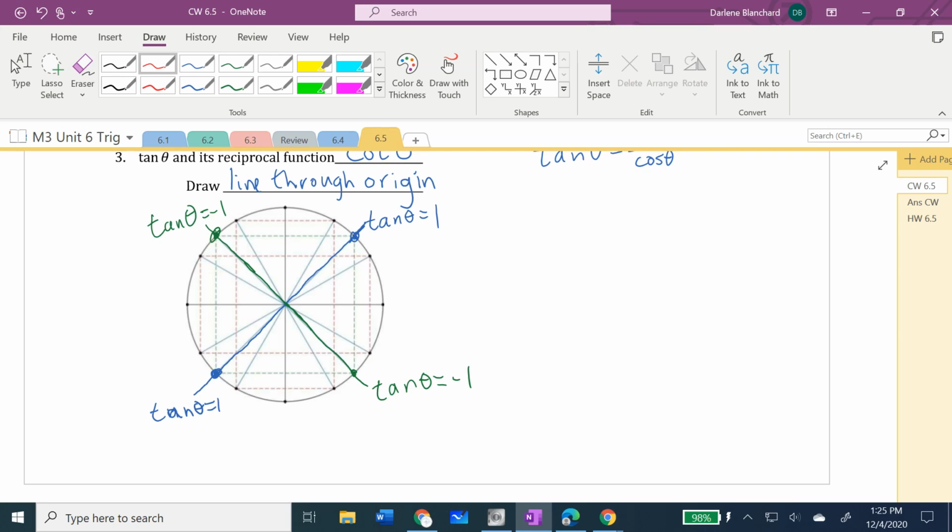Next, I'm going to draw through the origin a horizontal line. This point right here is x coordinate 1, y coordinate 0. Sine represents the y, cosine is the x, tangent is sine over cosine. What is 0 divided by 1? 0.